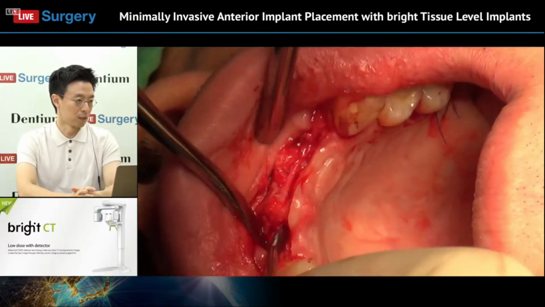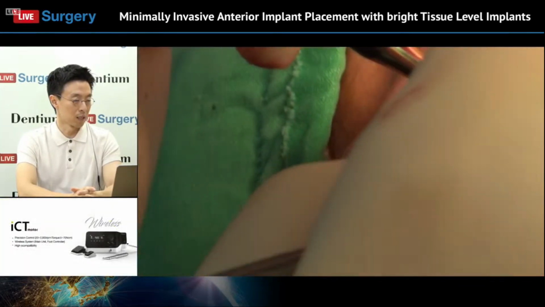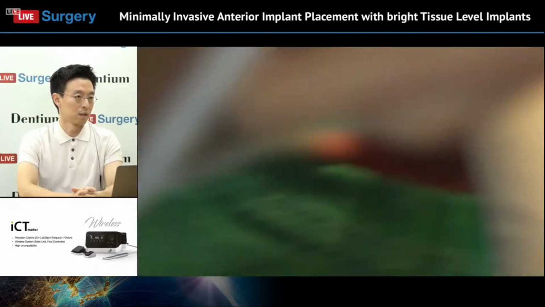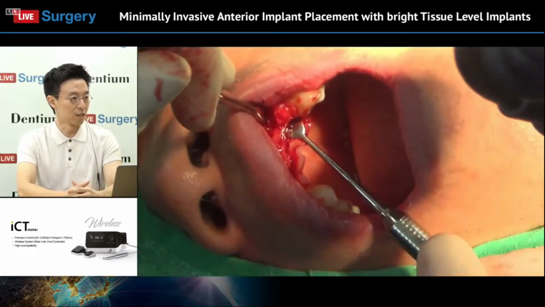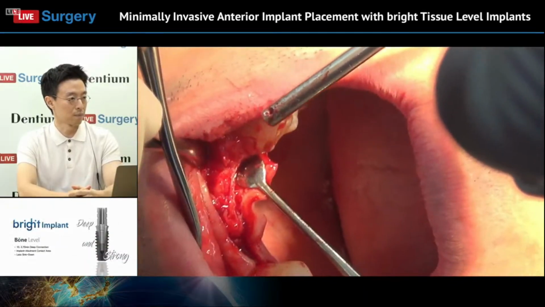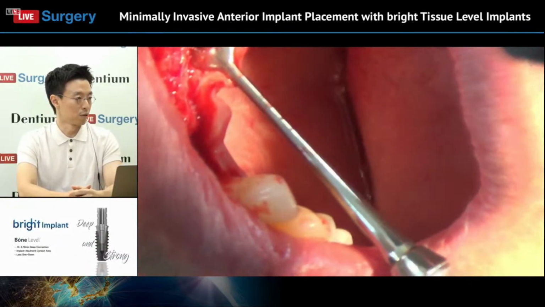As you know, in anterior area, sometimes we need to do additional injection for pain control.